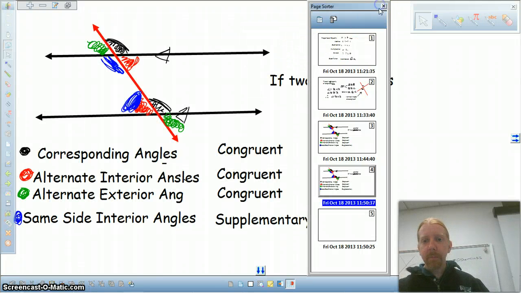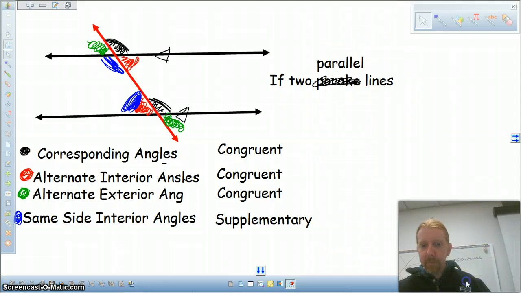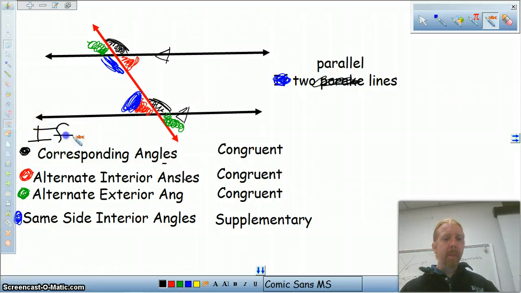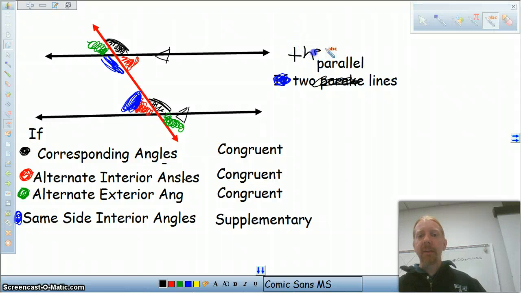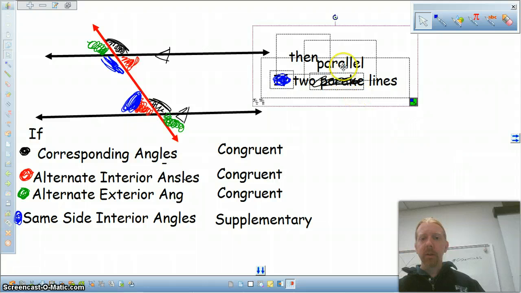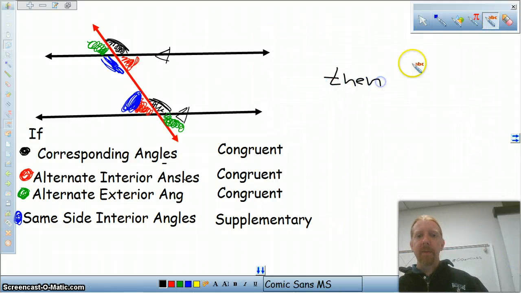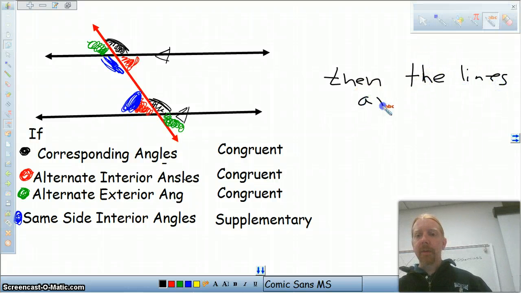What we're going to do here is take this word if and throw it over here. Then we're going to add the word then. Let me rewrite that whole section. I'm going to write then the lines are parallel.